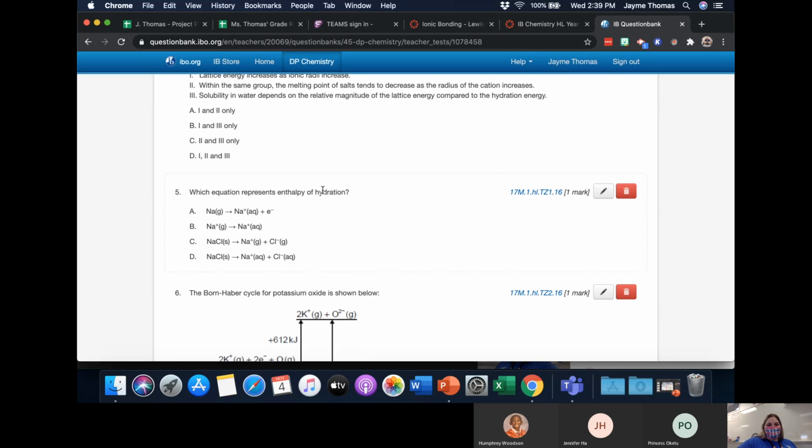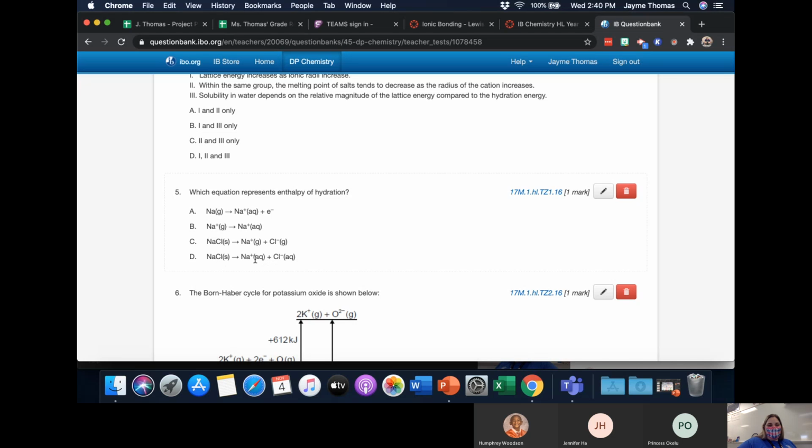It looks weird because we don't have the chloride, but the only one that goes from a gaseous ion to an aqueous ion, where only the state changes, is B. So C is actually the lattice enthalpy, because that's going from the solid compound to the gaseous ions.